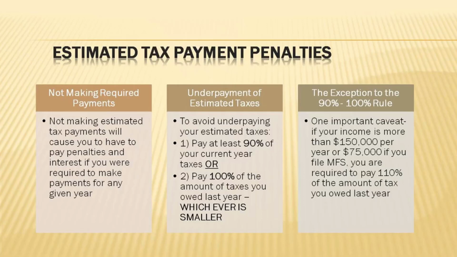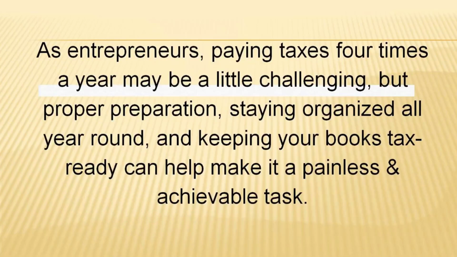See, the exception to the 90% and the 100% rule, once again, is the $150,000 or more, where you're required to pay either 90% of the current year or 110% of the prior year. So if you don't abide by any of these rules, then you will be penalized for not paying your quarterly estimated tax payments.